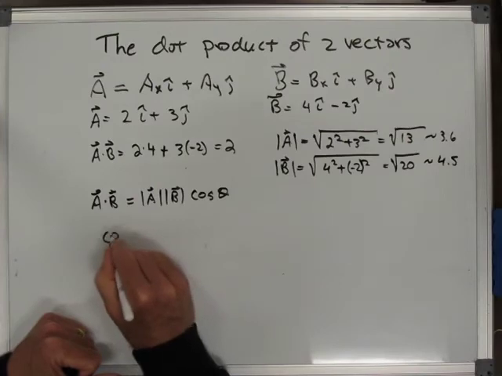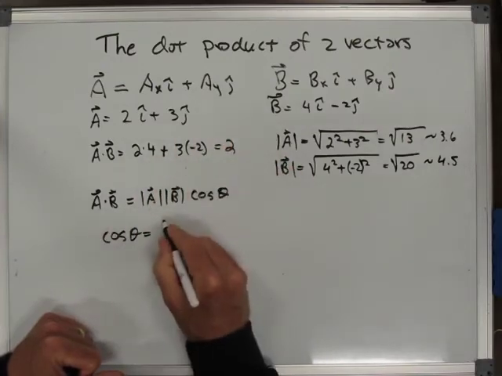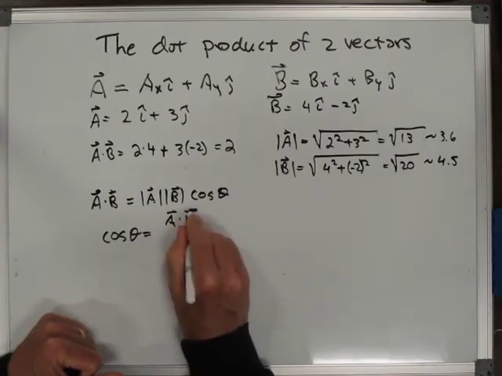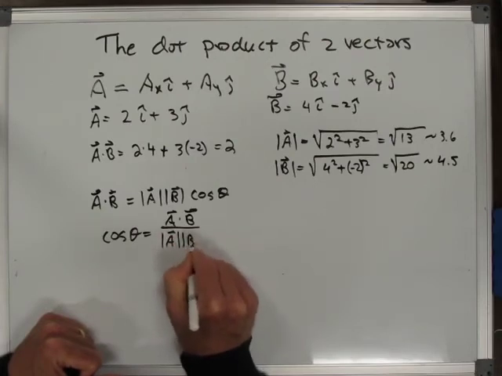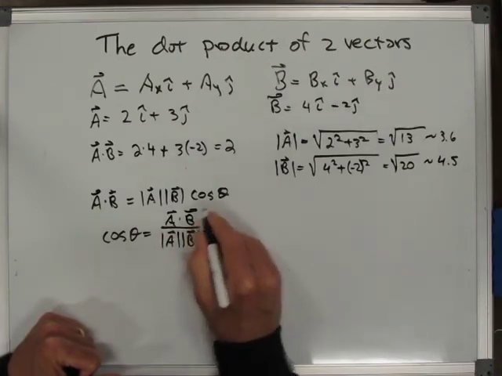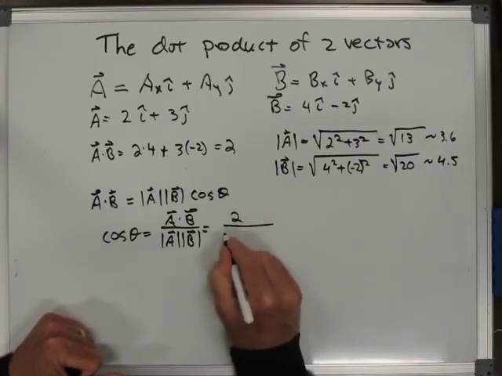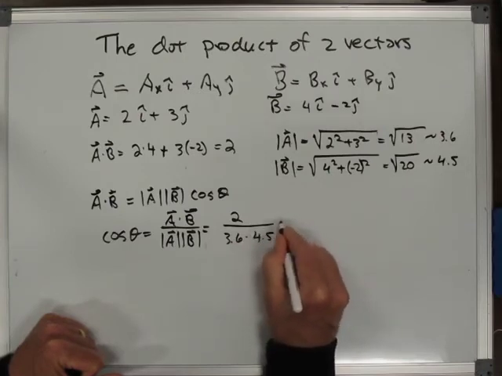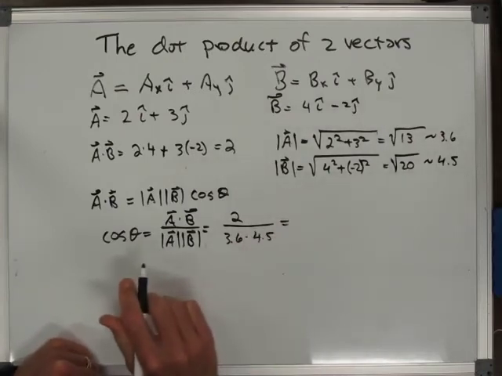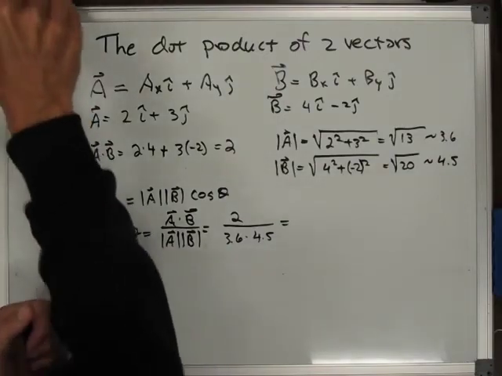And so cosine of theta, the cosine of the angle between these two vectors, is A dot B over the magnitude of A times the magnitude of B, which is A dot B is 2, over 3.6 times 4.5. I'm going to do that on my calculator.